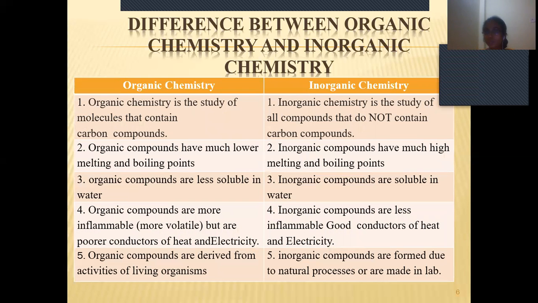Next, let's see the main difference between organic chemistry and inorganic chemistry. We have two subjects now, organic chemistry and inorganic chemistry. Let's see the main difference, and why we study them as two different subjects.